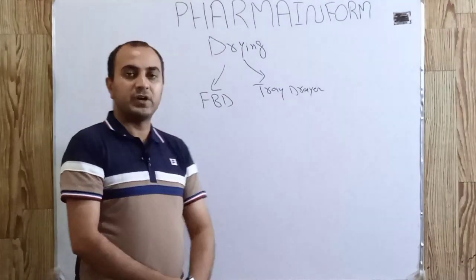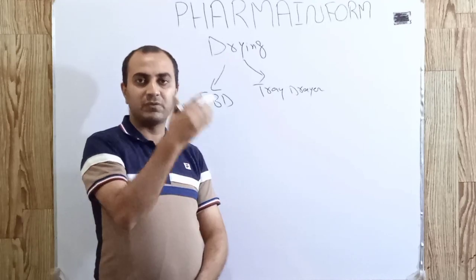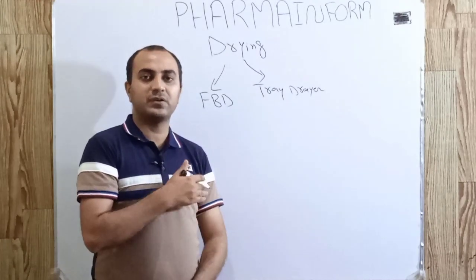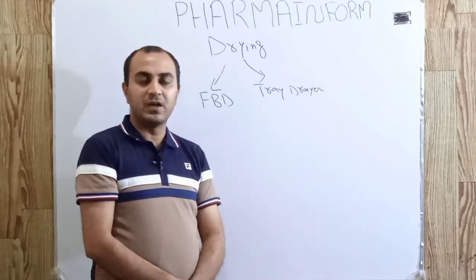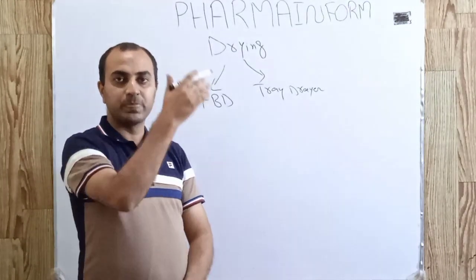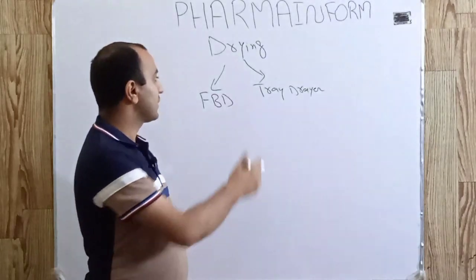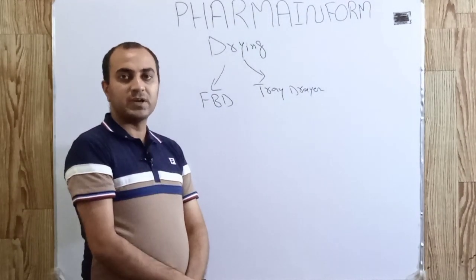When we talk about fluidized bed dryer, basically there are two types of fluidized bed dryers: vertical fluidized bed dryers and horizontal fluidized bed dryer. Normally in our pharmaceutical industries we use vertical fluidized bed dryers. Tray dryers are also of two types.